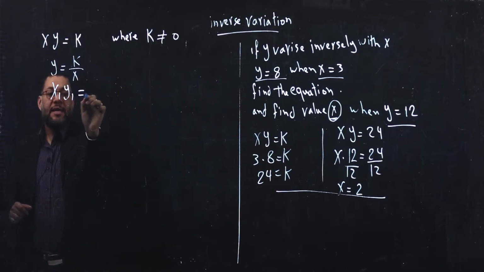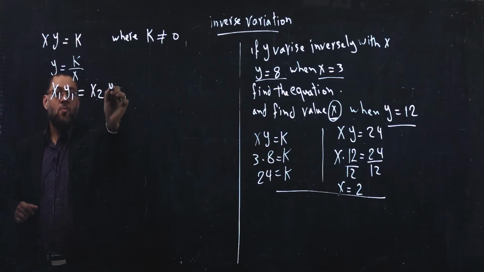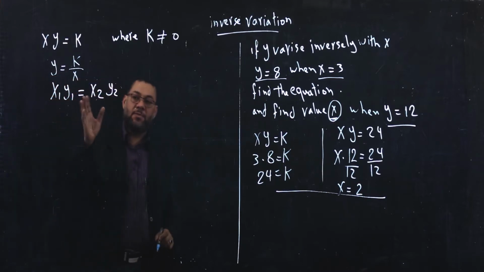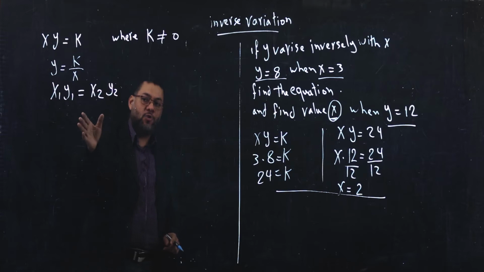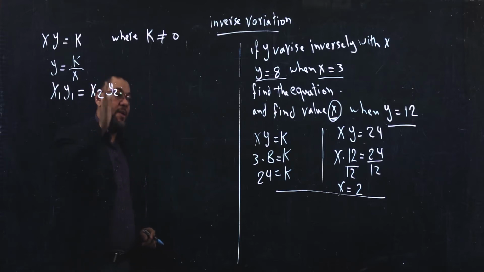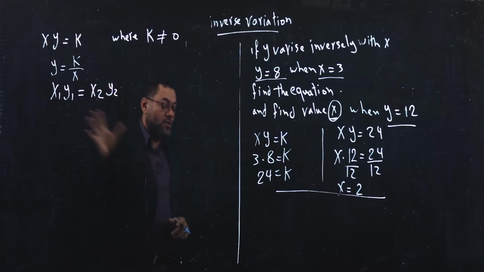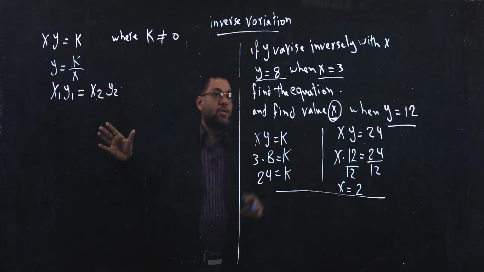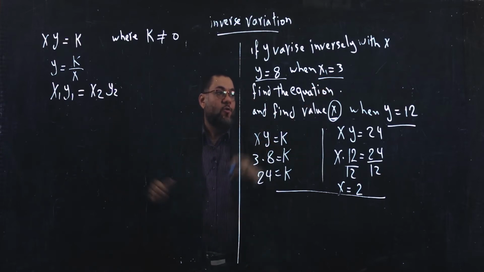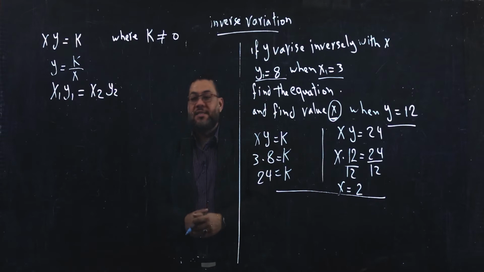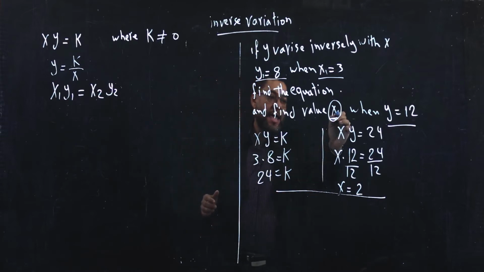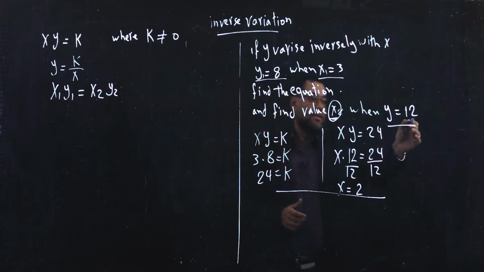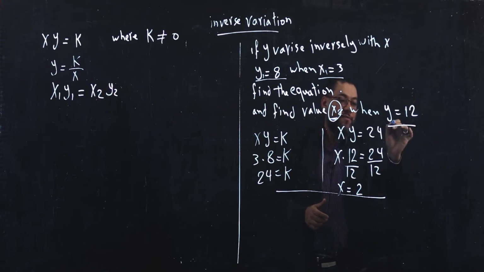x1 y1 equals x2 y2. So x1 multiplied by y1 equals x2 multiplied by y2. Okay, we can do it like this. So we have here x1 equals 3, y1 equals 8, and I need to get x2 when y2 equals 12.